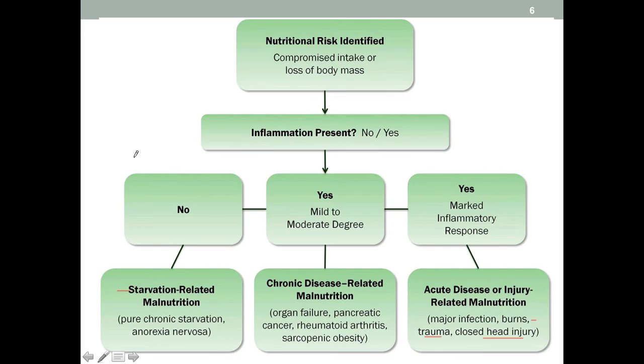This slide gives us a summary of the etiology-based malnutrition definitions. We can see here the three etiologies: starvation, chronic disease-related malnutrition, or acute disease or injury-related malnutrition.